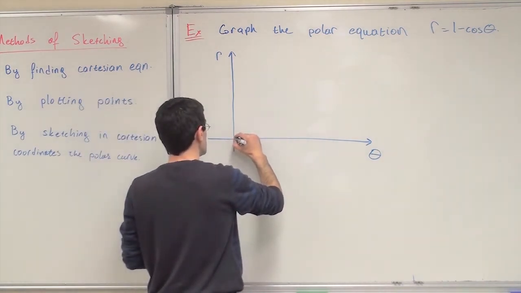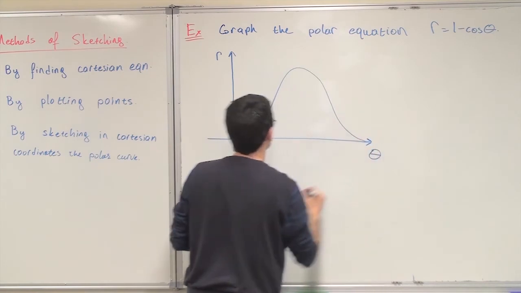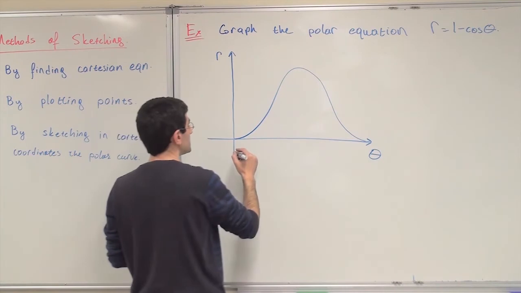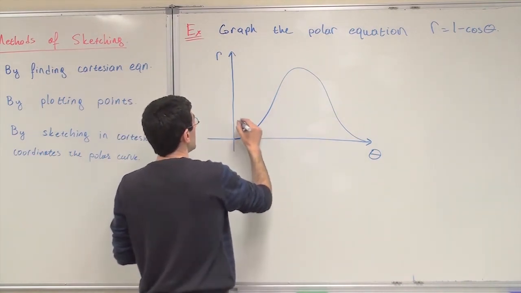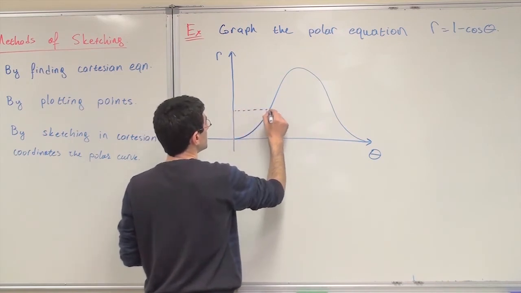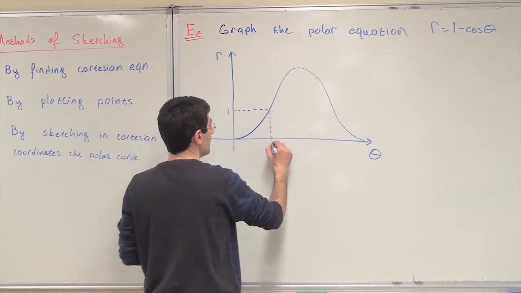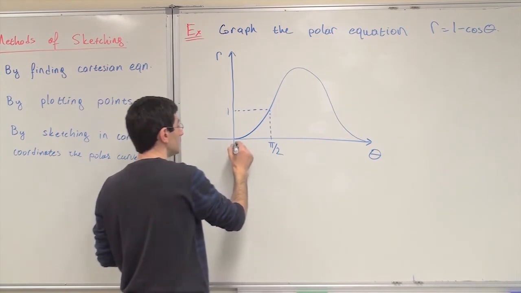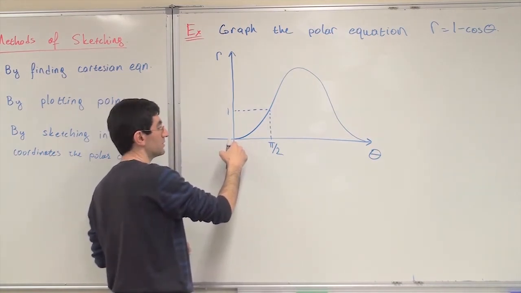Its curve is this. Now let's mark some important points on this curve. First of all, this curve is going to give us 1 when theta is equal to pi over 2. As you see, when theta is equal to 0, r is 0.